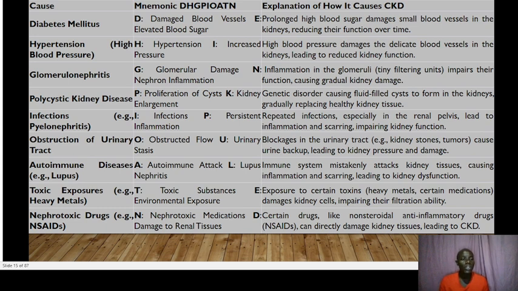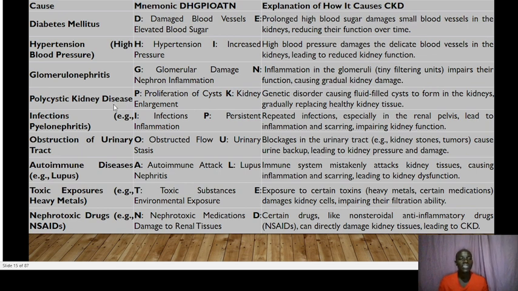We also have glomerulonephritis, which is normally characterized by glomerular damage and nephron inflammation. Inflammation in the glomeruli normally impairs the function and causes gradual kidney damage.